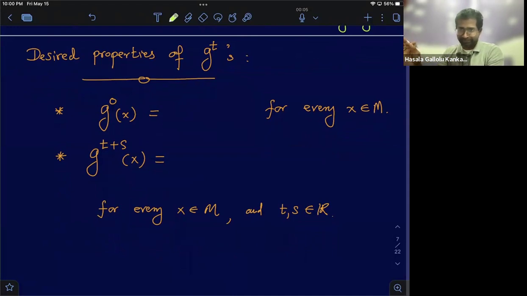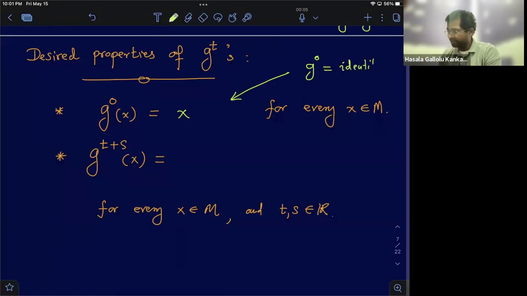So what would you expect? The natural answer should be x itself, right? It is none other than the identity mapping. So one can say this simple observation in this form. G_0 is, of course, a mapping from M to M. It is none other than the identity function.